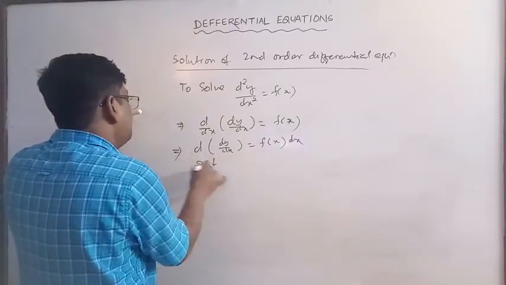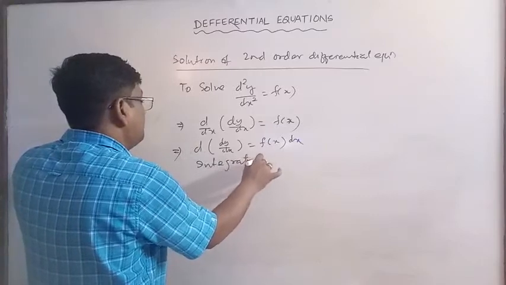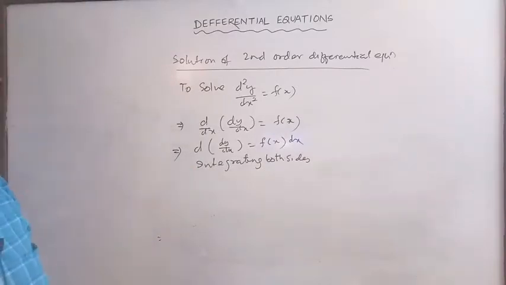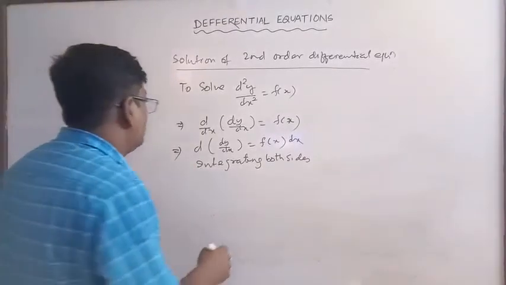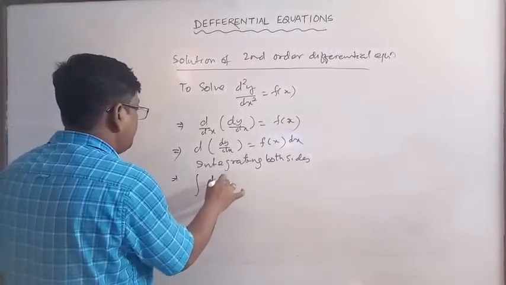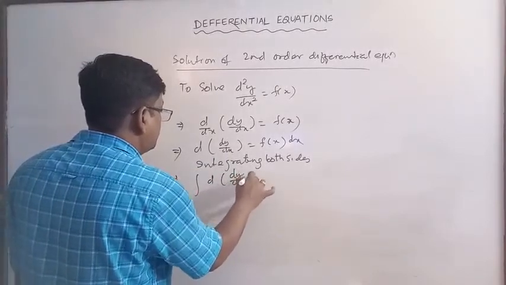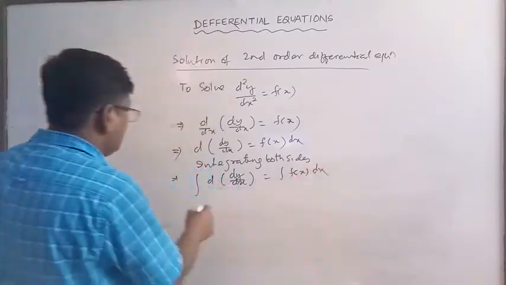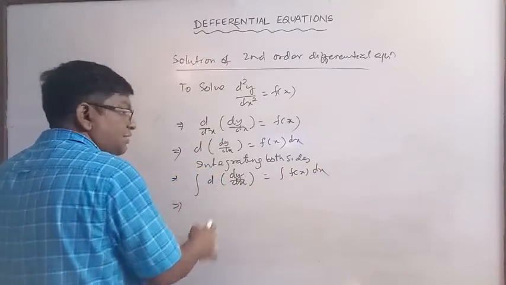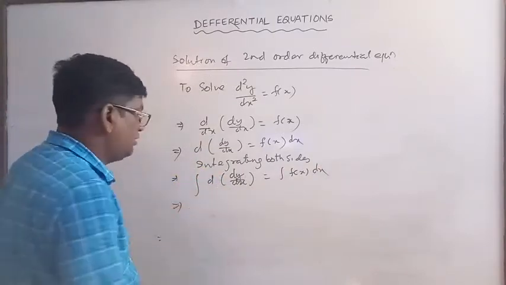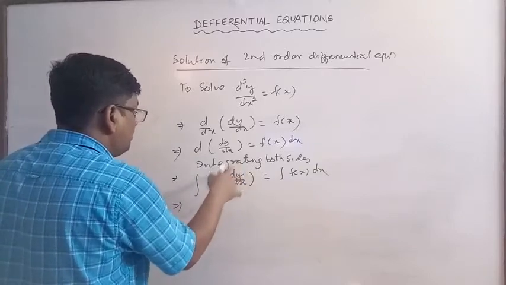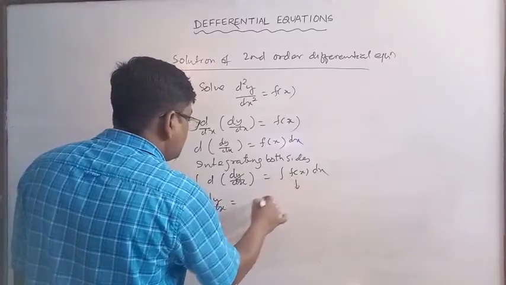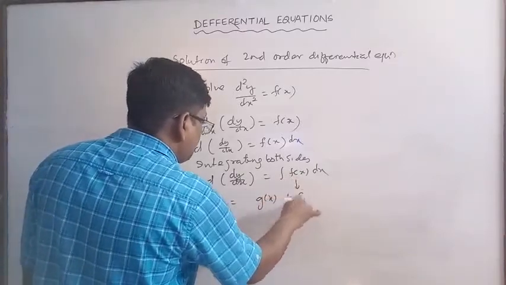Integrating both sides, we get integration of d of dy by dx is equal to integration of f of x dx. So dy by dx is equal to, suppose its integration is g of x plus c1.